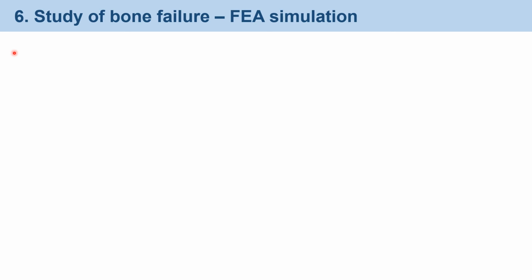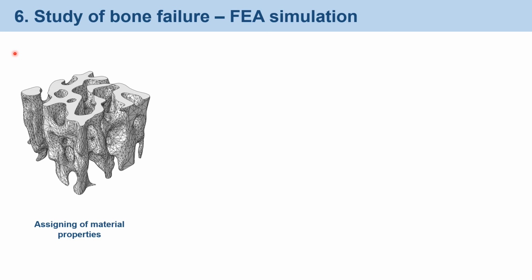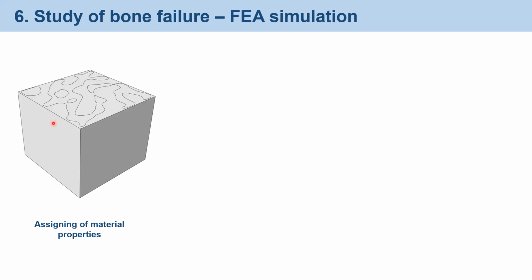To prepare for the finite element simulation of bone failure, we followed this sequence. Firstly, we assigned plastic and elastic material properties for trabecular bone, as you can see here, and then to bone marrow, based on the data from the literature.